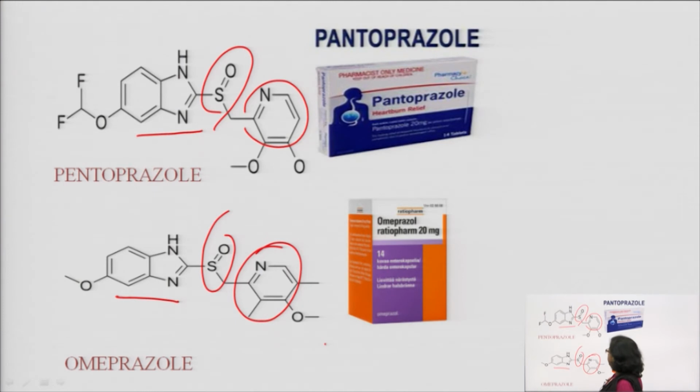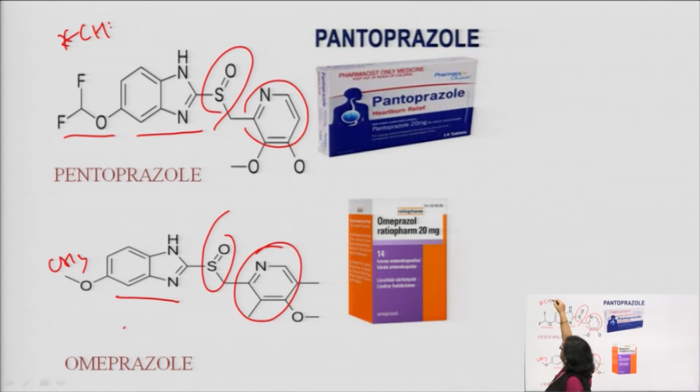In omeprazole it was OCH3, but in the case of pantoprazole it is CHF2; you have to remember I have written this like a star, CHF2. So, this is the structure of pantoprazole and omeprazole. I have given images of some products like pantoprazole, heartburn relief, omeprazole. These are the proton pump inhibitors which are generally used.